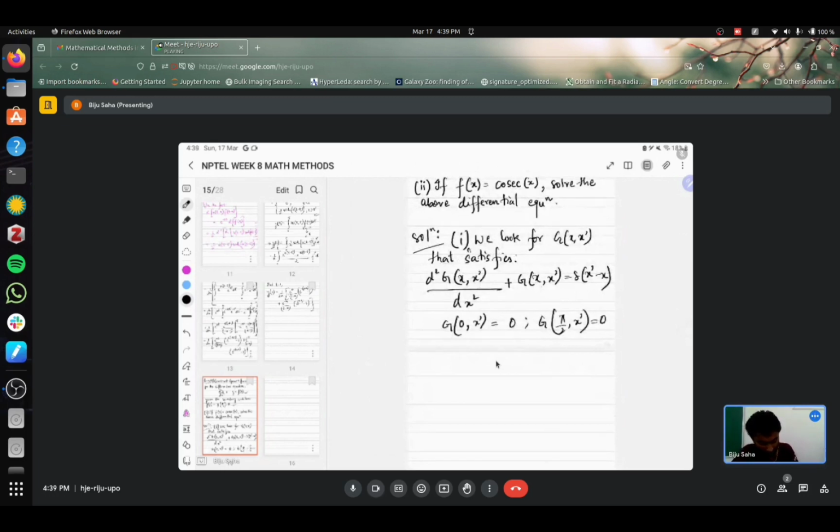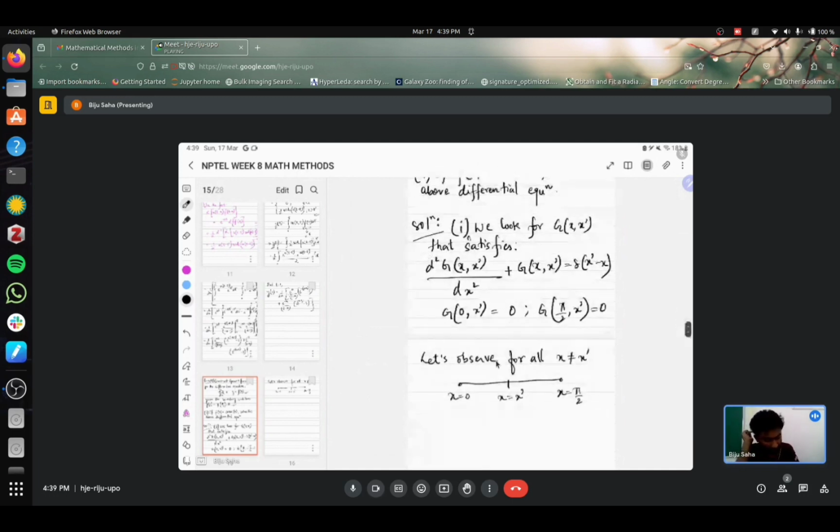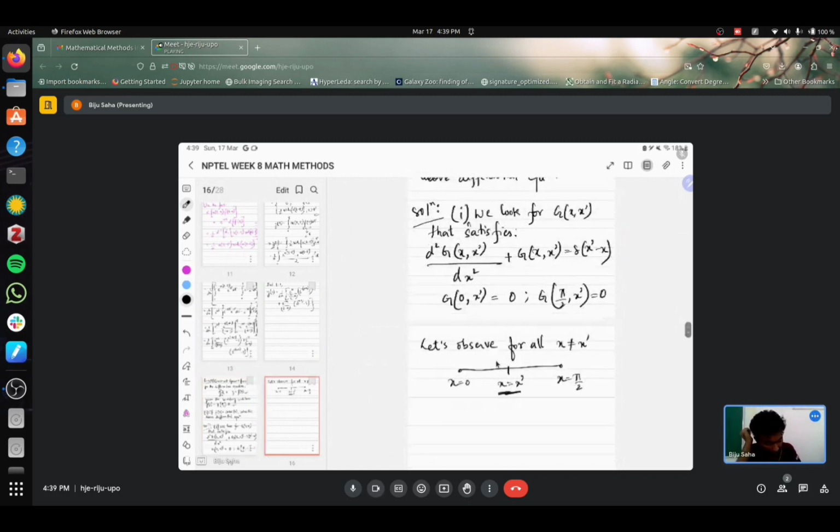Let's observe first of all, for all x which does not equal x prime, I have this domain given as x equal to 0, x equal to pi by 2, and x equal to x prime. For all values of x which is not equal to this particular value, my Dirac delta function is equal to 0.